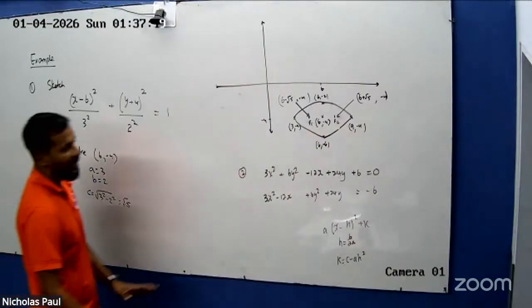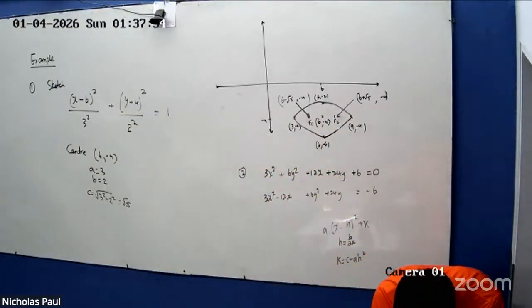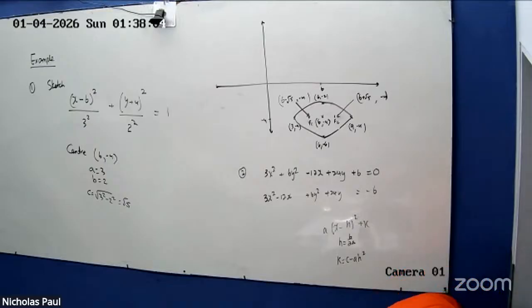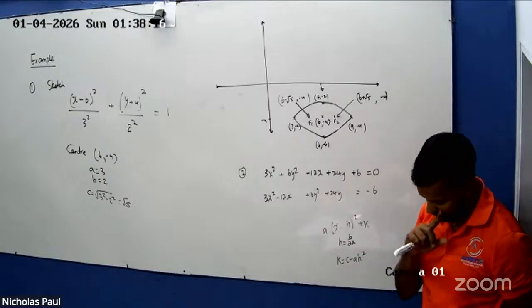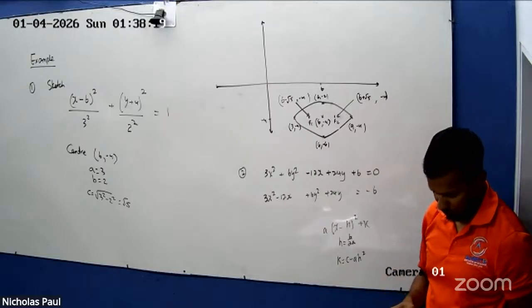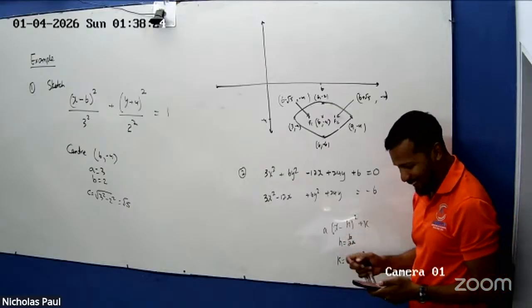Complete the square here, complete the square here. Look at h and k right here.